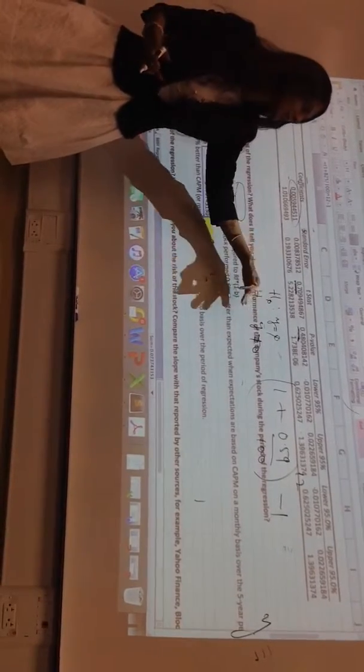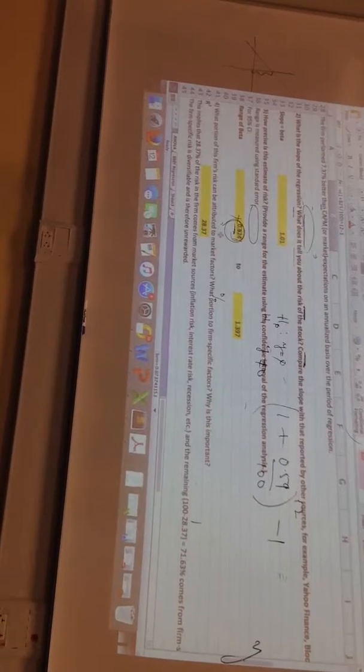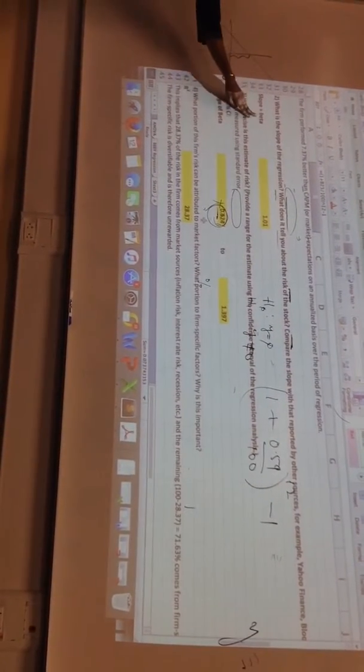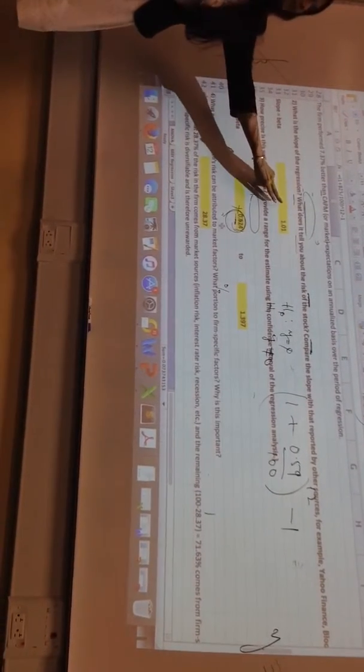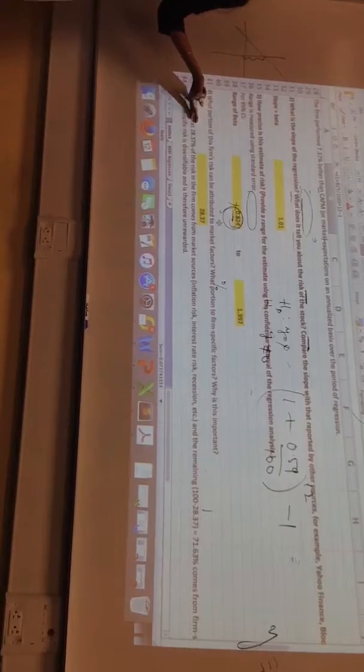So the next one you'll see that the probability for the data is actually pretty good. So that's my annualized excess return. Next is, what is the slope of the regression? The slope of the regression is beta, and we saw that it's 1.01. And what does it tell us about the risk of the stock?